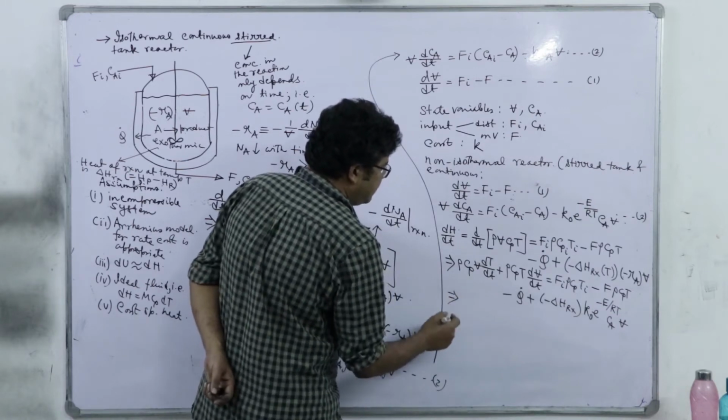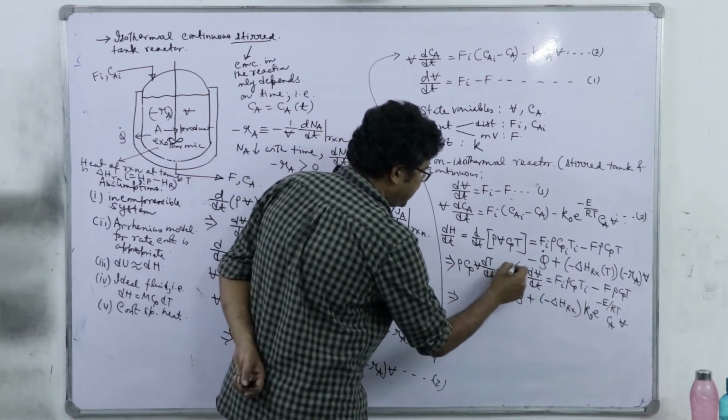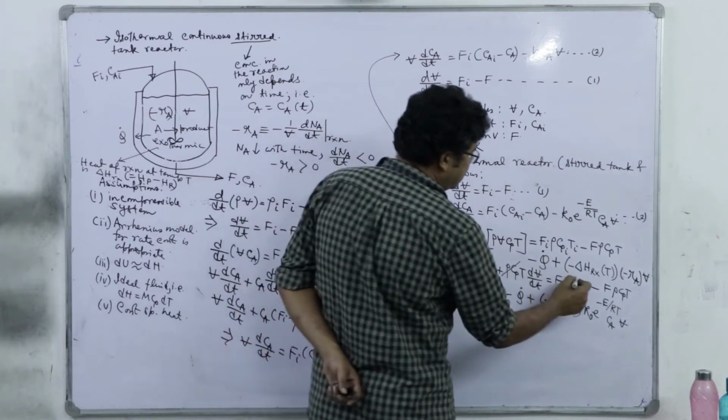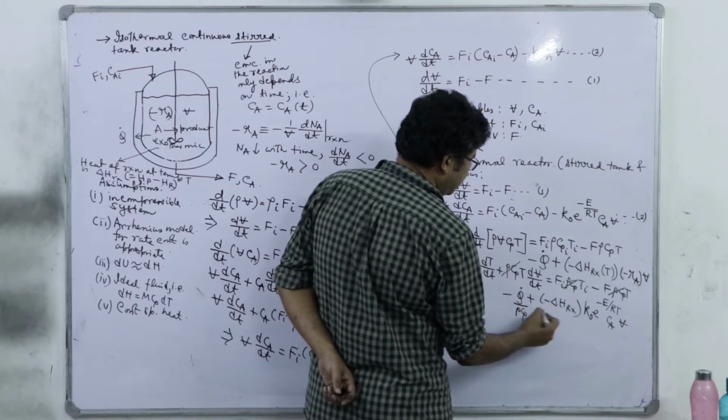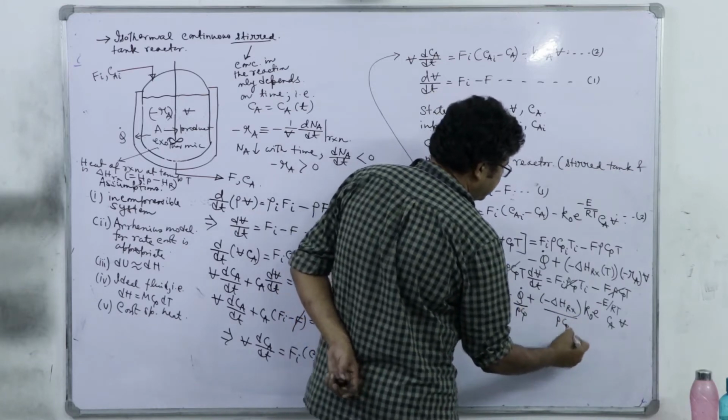So, essentially this rho Cp, if I strike out, this cancels out, divided by rho Cp, here also divided by rho Cp.